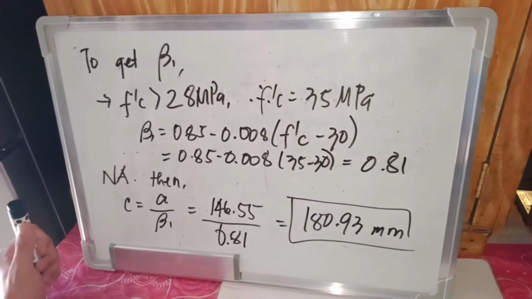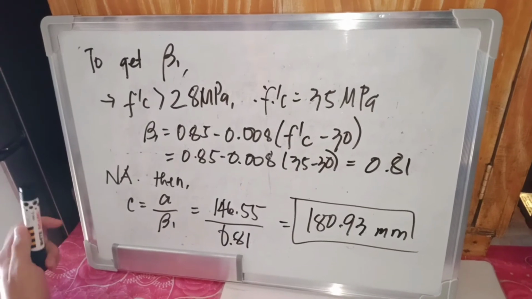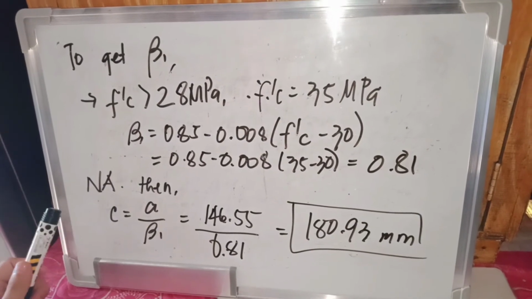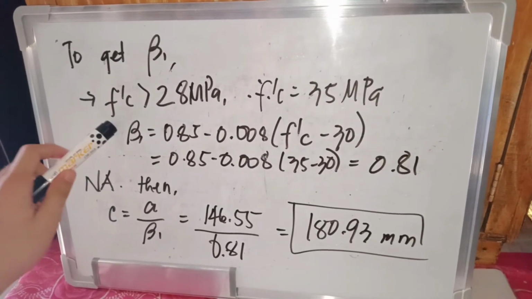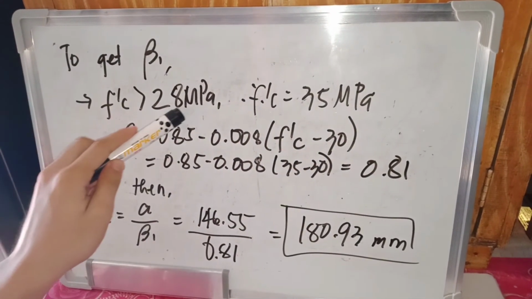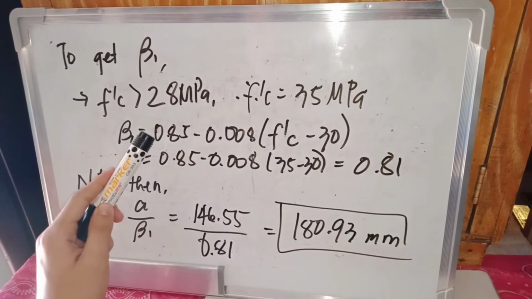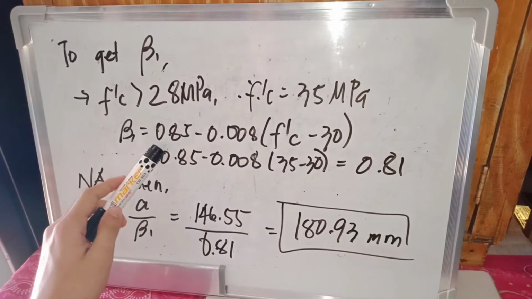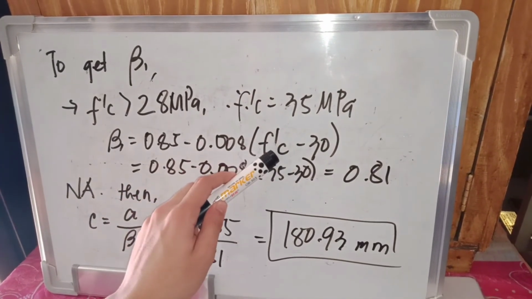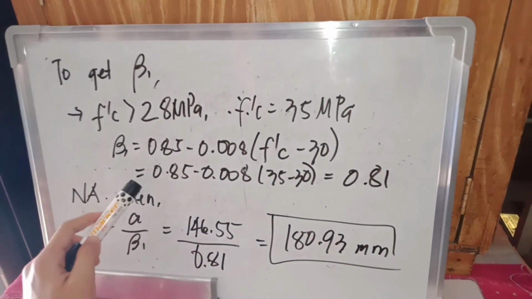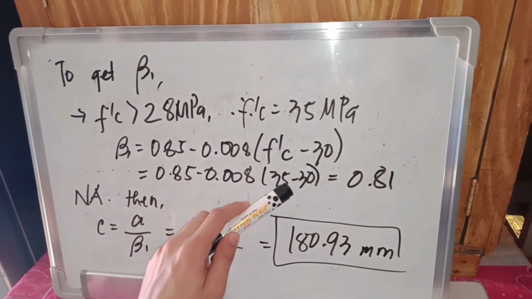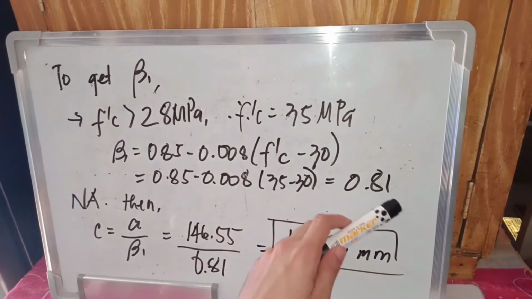146.55. From determining our neutral axis, beta 1 is also included in the formula, so we need to get it first. Since our f'c is equal to 35 MPa, which is greater than 28 MPa, we need to use this formula: beta 1 is equal to 0.85 minus 0.008 times (f'c minus 30), equals 0.85 minus 0.008 times (35 minus 30), which is equal to 0.81.